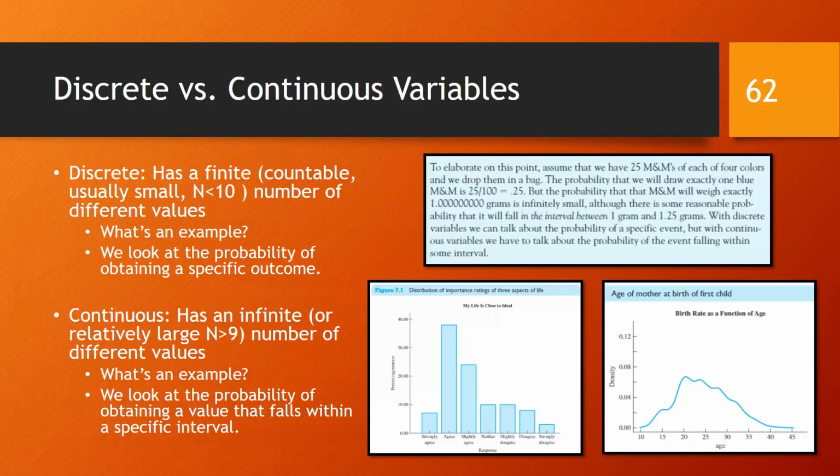When thinking about the probability of a continuous variable, it's ridiculous to think about the probability of any specific outcome. Rather, we would be interested in the probability that a woman would give birth around a time period or during an interval. While the plot doesn't give us enough information to calculate the exact probability, it's clear to see that the probability of having a baby around 20 years of age or 25 is much higher than 15 or 40.